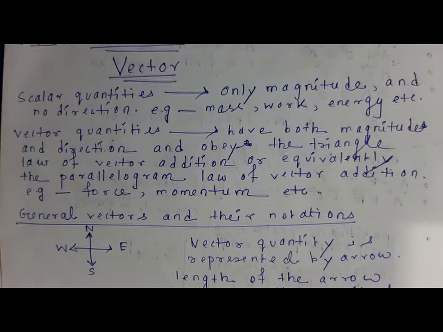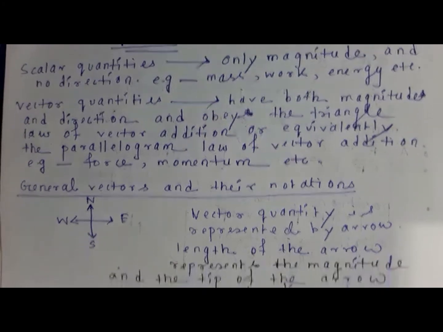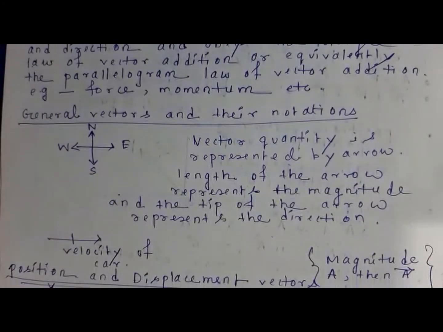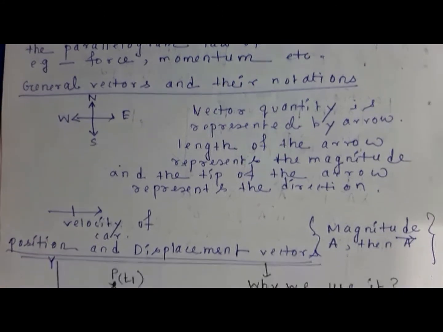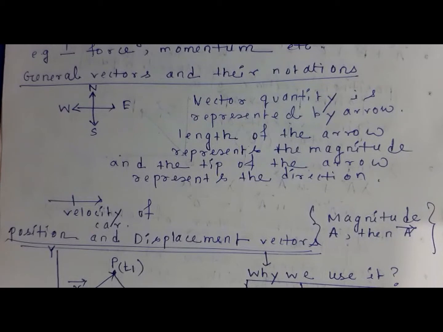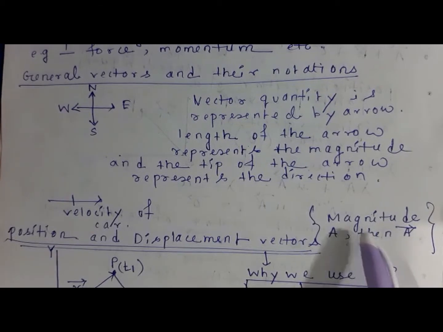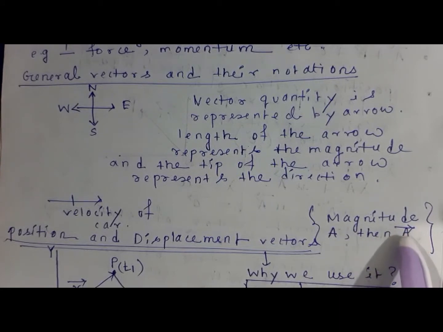Now, if we come to general vectors and their notations, first of all, how will you denote a vector? If you see a vector which has magnitude a, then you can denote it by a vector. This is the sign of a vector, you give an arrow, like this.